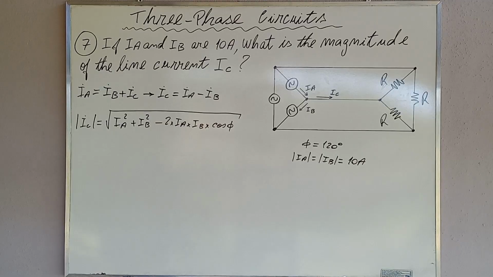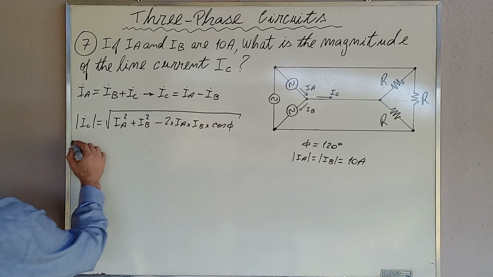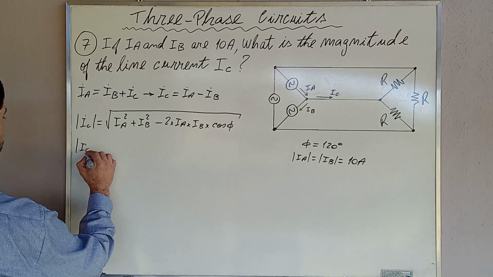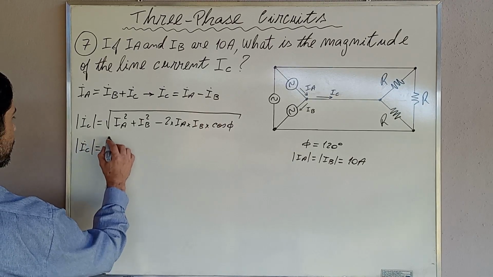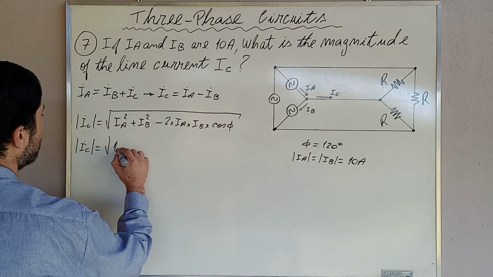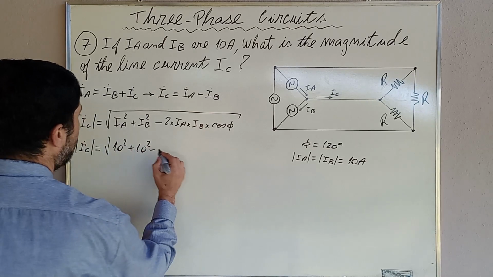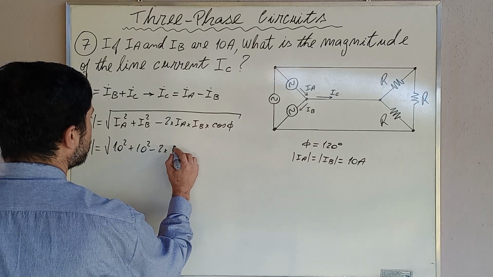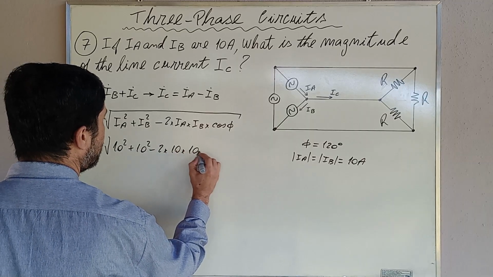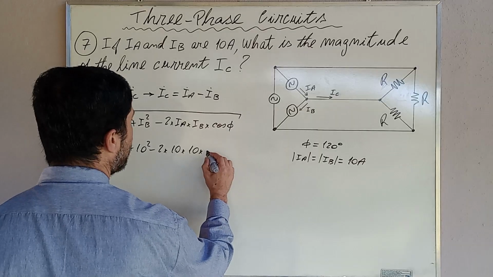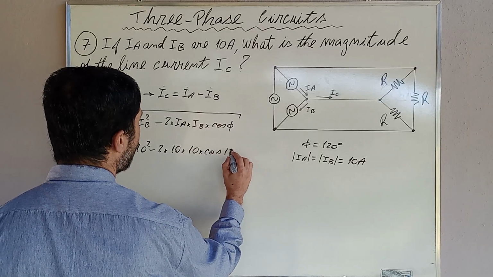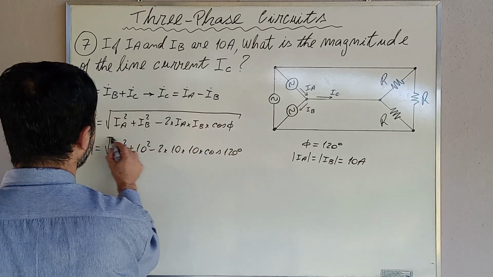Substituting the values, the magnitude of IC is equal to the square root of 10 squared plus 10 squared minus 2 times 10 times 10 times the cosine of 120 degrees.